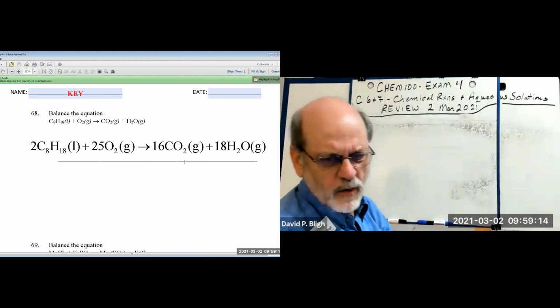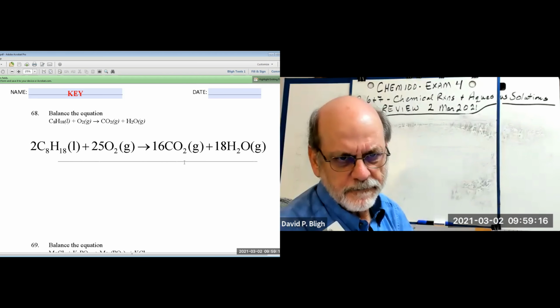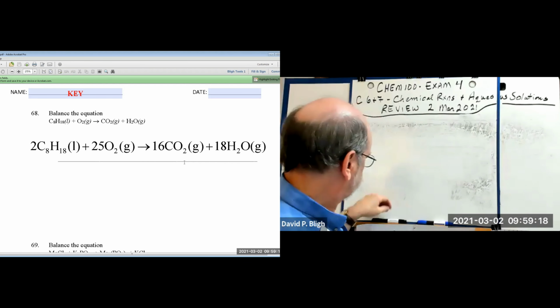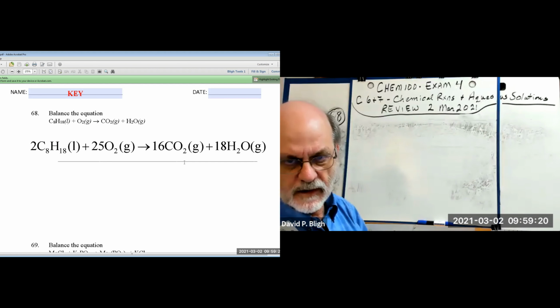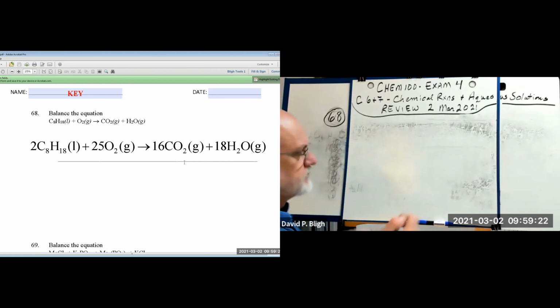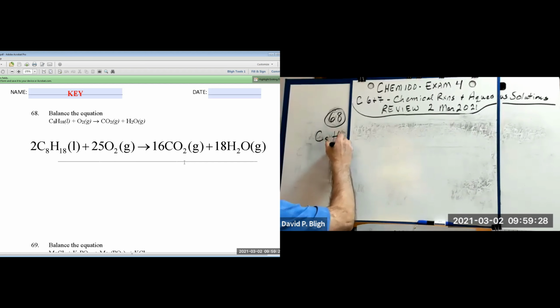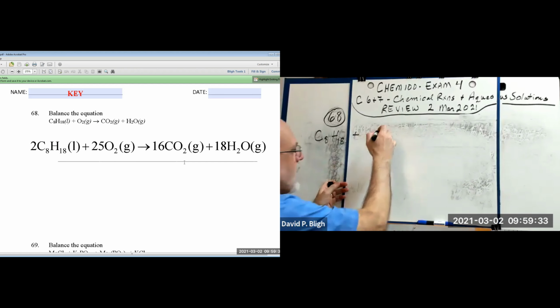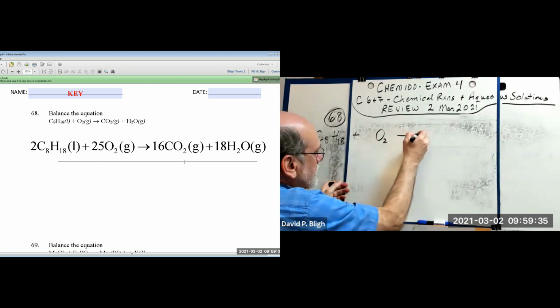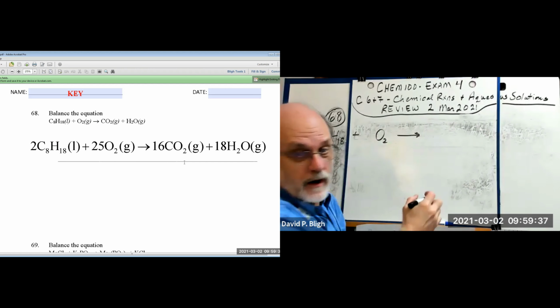This one looks familiar. I wonder if I've already done this one for you. C8H18 is octane. That's the stuff you burn in your gas tank. C8H18 plus oxygen yields carbon dioxide and water.